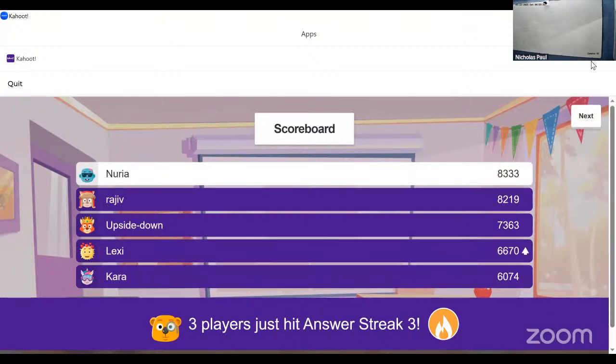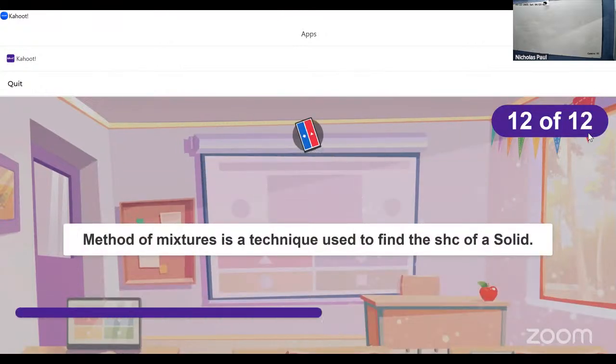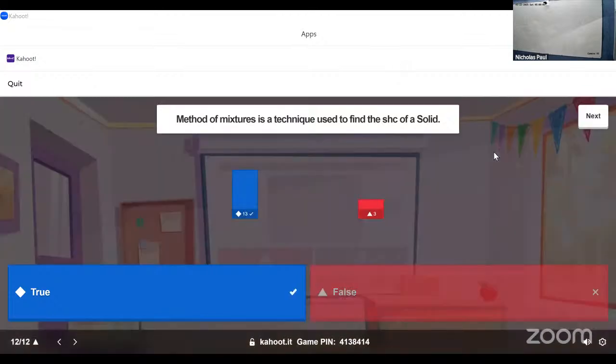Right, last one. Method of mixture, that's the way you do it. Right, nice.